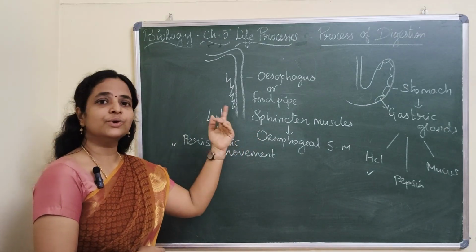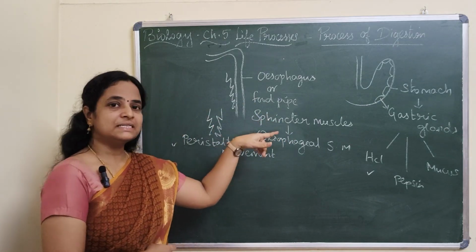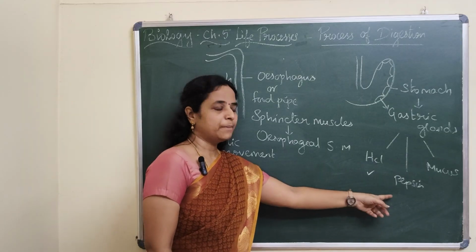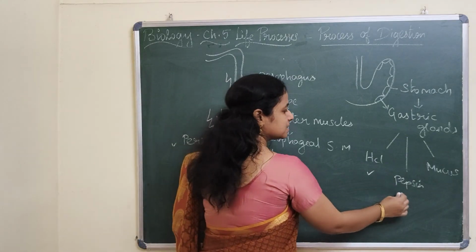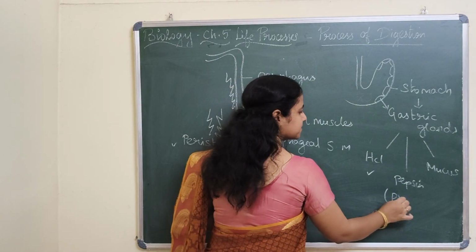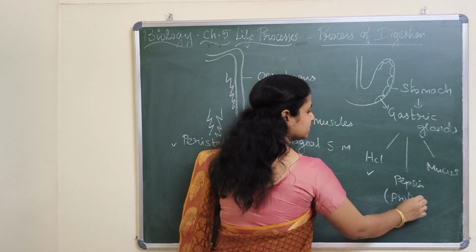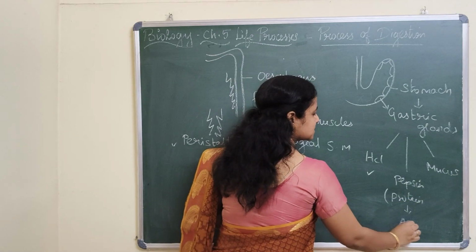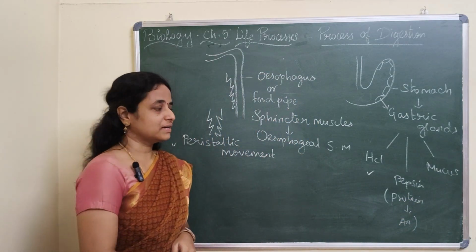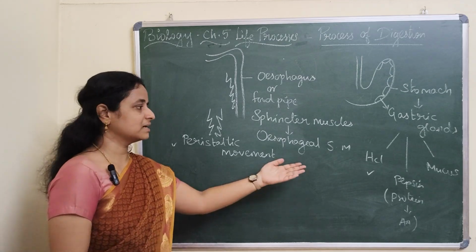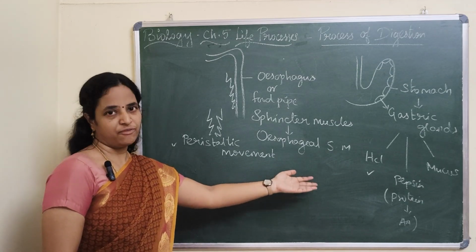As I already told you, protein digestion takes place in the stomach with the help of an enzyme pepsin. The pepsin will act on protein and convert it into amino acids. But complete digestion cannot occur, only partial digestion will occur in the stomach with the help of pepsin.